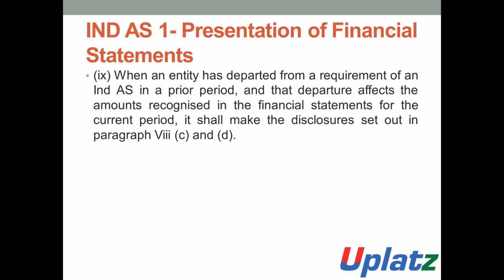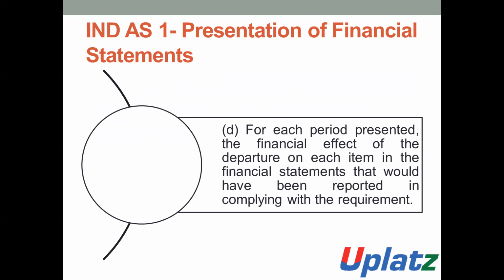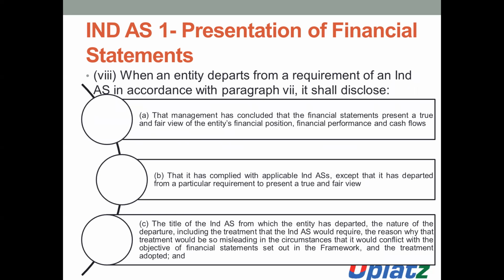Paragraph C and D: number 1 is the title of the IND AS from which the entity has departed, the nature of such departure, and the treatment the IND AS would require, the reason why that treatment would be misleading in the circumstances, that it conflicts with the objective of the financial statements, and the treatment which is adopted.